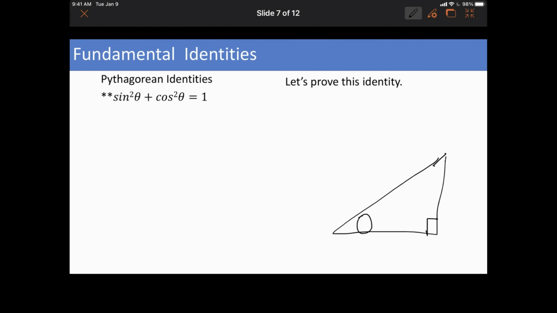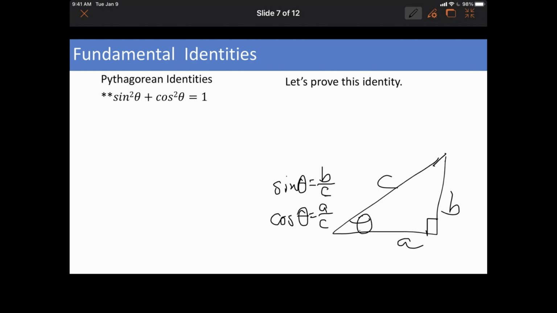So I'm just going to talk about an angle, theta, and I'm going to use A, B, and C. So if I'm looking at this angle, sine theta is opposite over hypotenuse. Cosine is adjacent over hypotenuse.